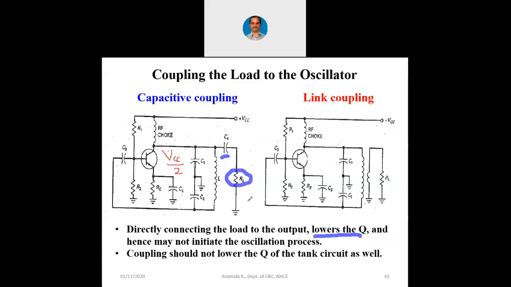That is one thing. The second thing is, when the load is directly connected to the collector, we have already seen the Q factor in the previous class, where the quality factor is defined as resonant frequency divided by bandwidth. Now if the bandwidth is narrow, the Q factor will be larger.